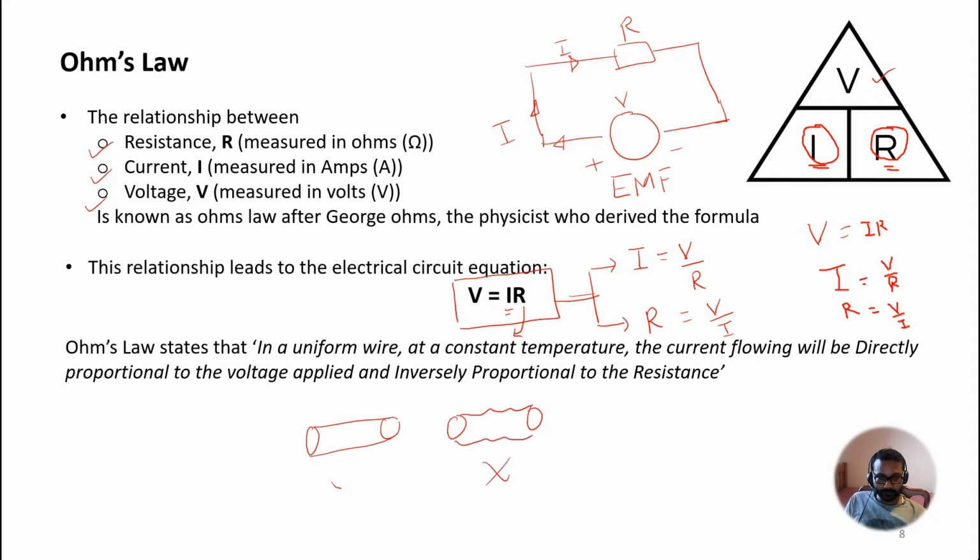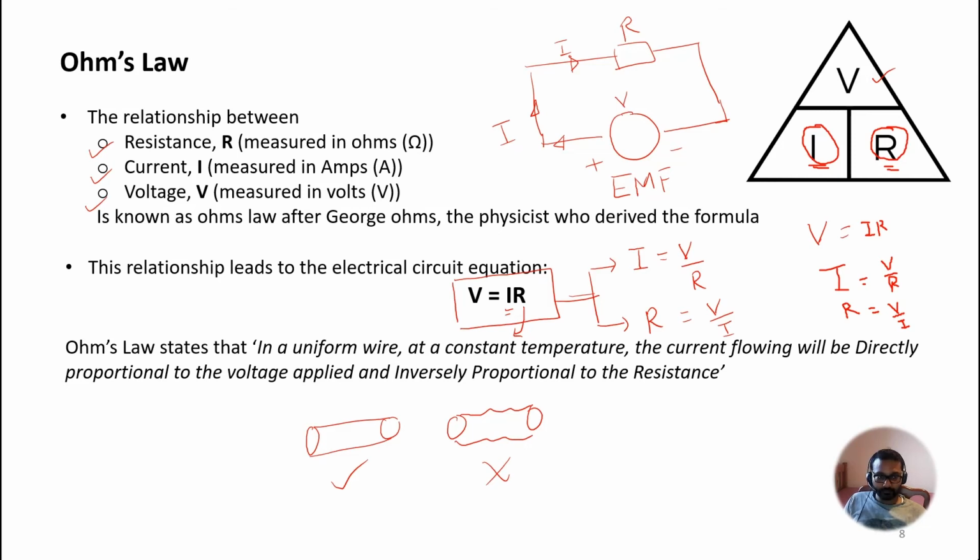So in a uniform wire at a constant temperature, the current flowing will be directly proportional to the voltage and inversely proportional to the resistance.